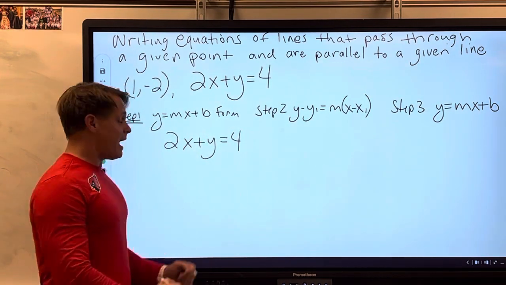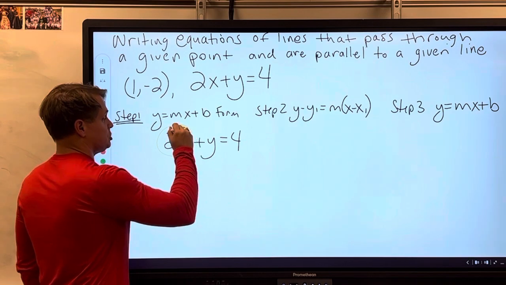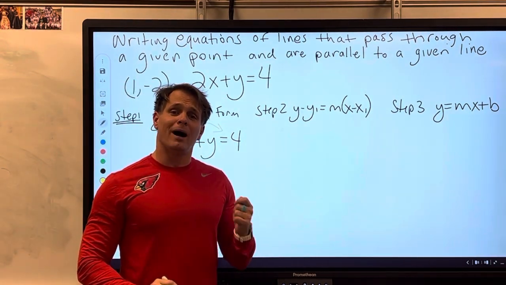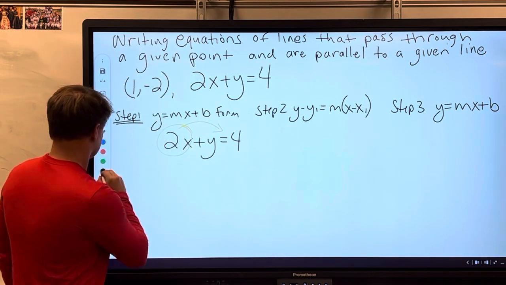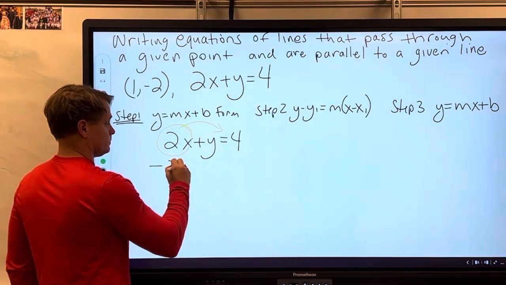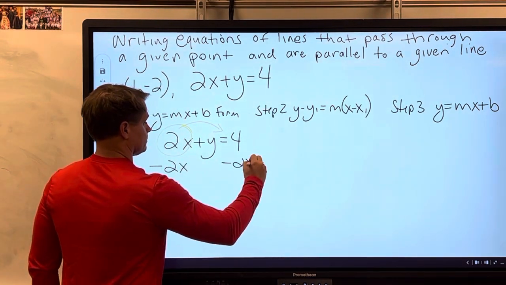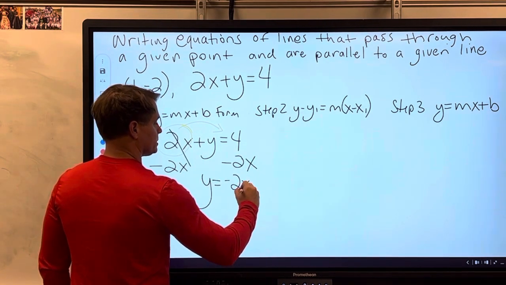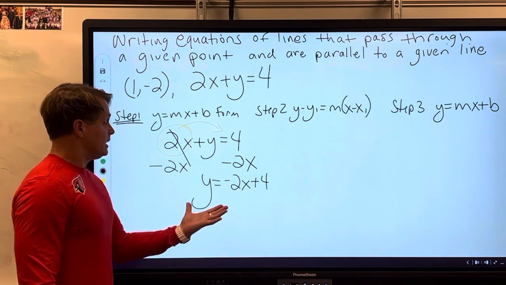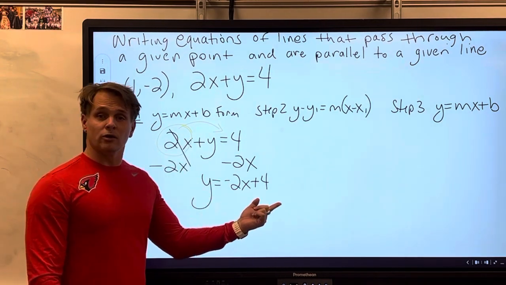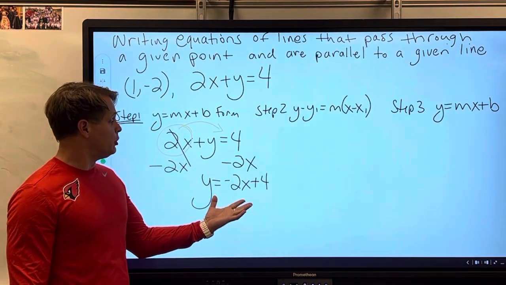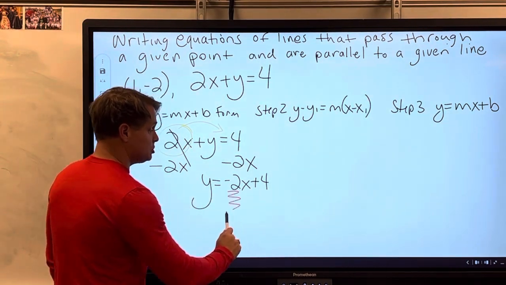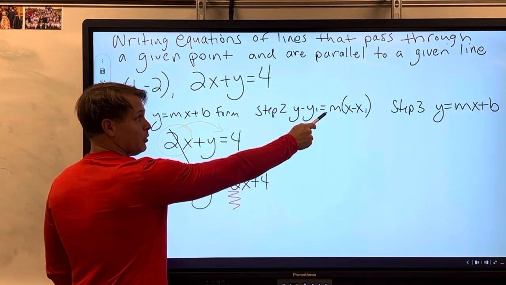Now the only thing I have to move is this 2x. I got to move this to the other side. How do you undo a positive 2x? You subtract 2x. So I get y equals -2x plus 4. Now it's in slope-intercept form. Now what I'm going to do is I'm going to take the slope, which is -2, and I'm going to put it in for m.